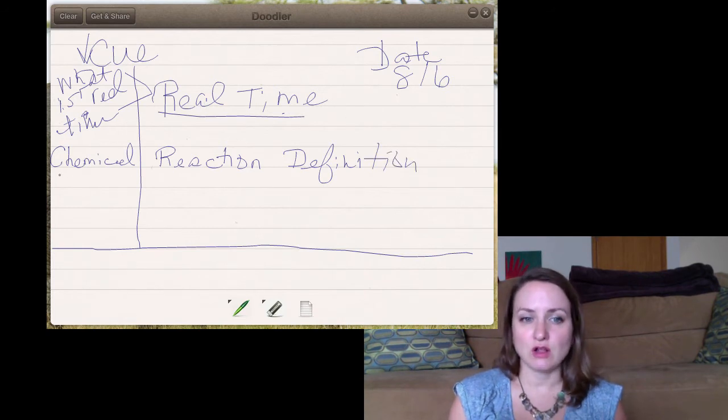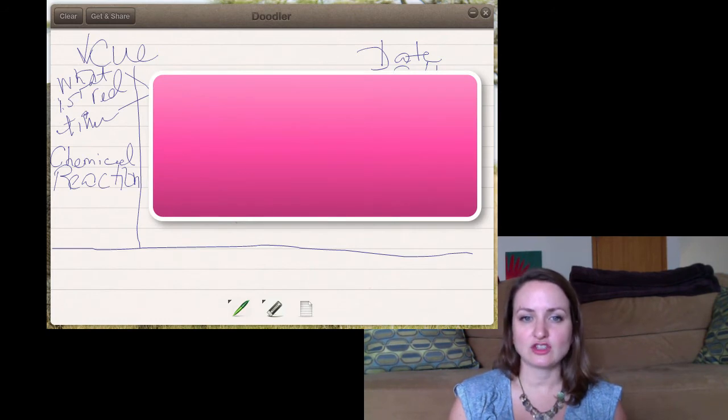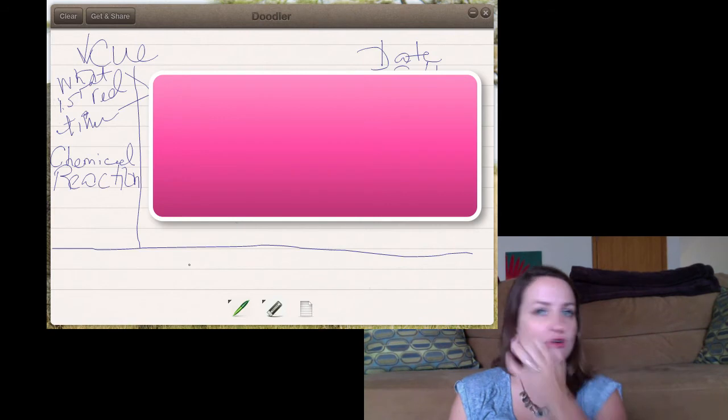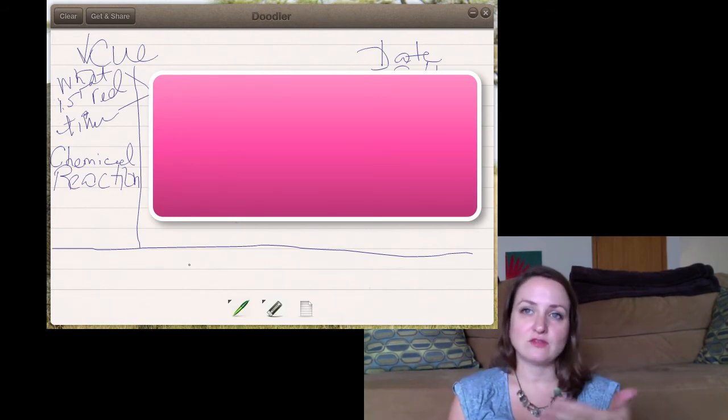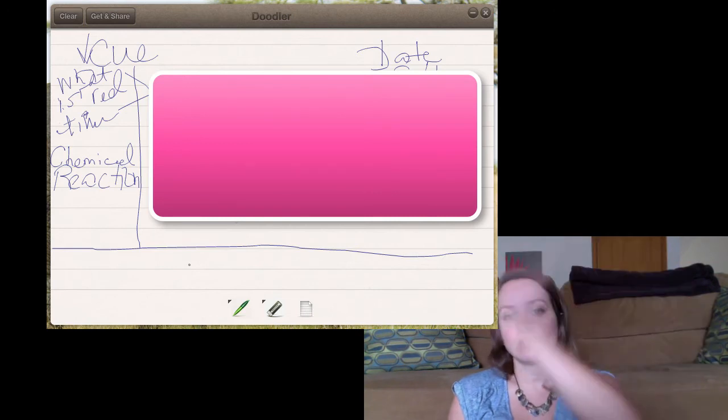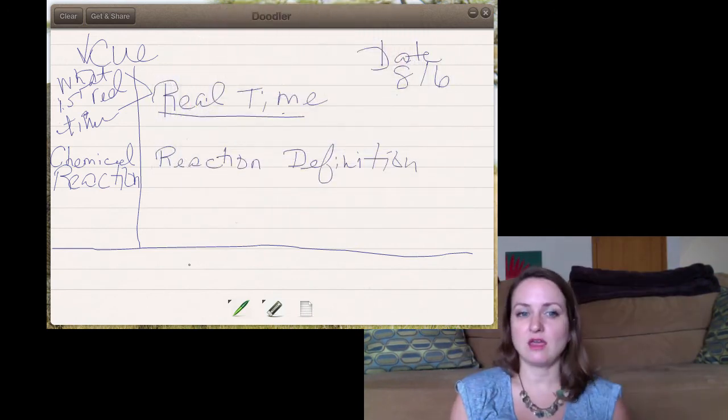So in your Q column, what you would do is you would write what the word is, and then when you are studying for a test, you could actually cover up this whole section over here, and you could say chemical reaction, and you could quiz yourself. You could say chemical reaction and try to see if you could repeat the definition to yourself, flip it up, and then, hey, okay, all right, I got it or I didn't get it. You could use it to study with that way, okay?